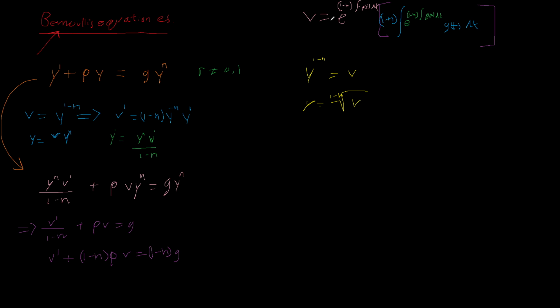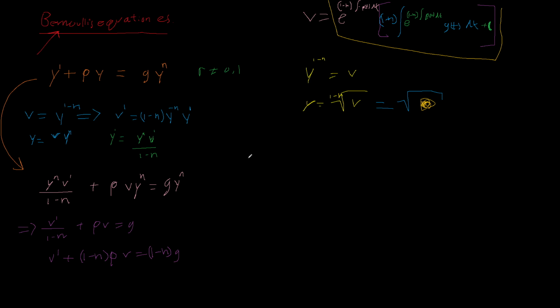So all of this is going to be inside this little box, and that's going to be our final solution here. I think we need a plus c for that v, and then that's going to give us that solution. And that should be pretty much it. I think that's how you would solve the Bernoulli equation.